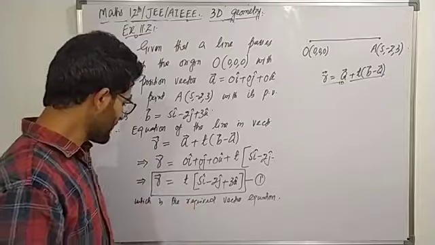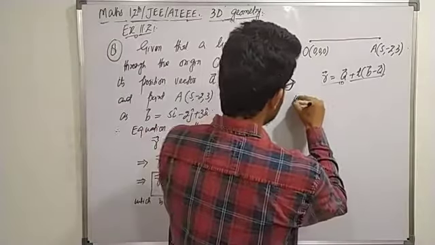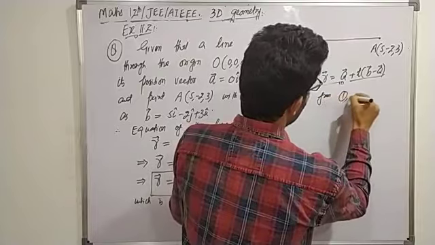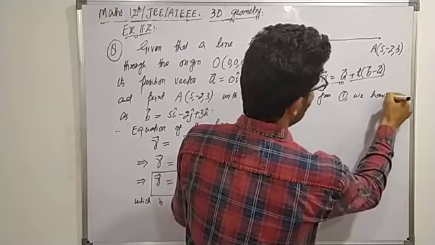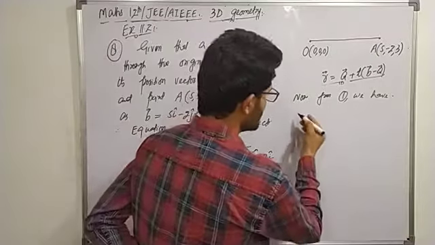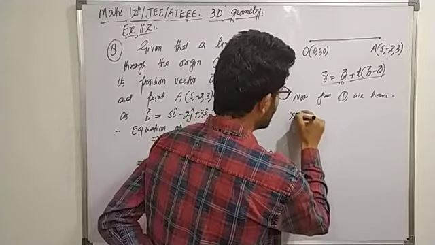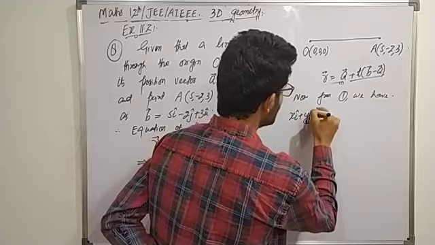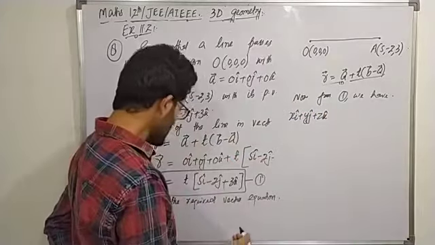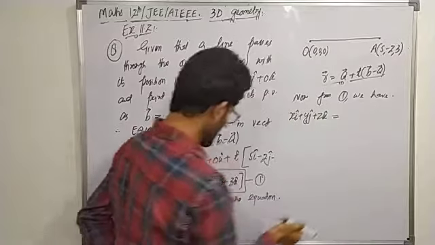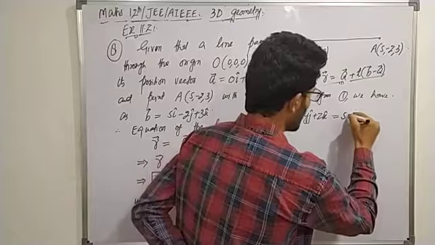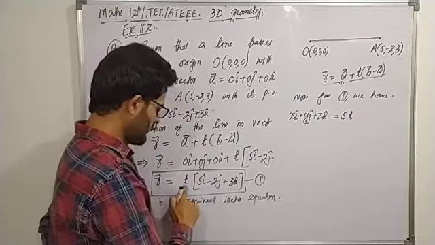So put here, now from equation first we have, what we have from equation first? Yes, r vector is equal to, r vector का वैल्यू xi plus yj plus zk, and that must be equal to, t से मल्टीपल कर दो तो 5 into ti, that's 5ti, right?